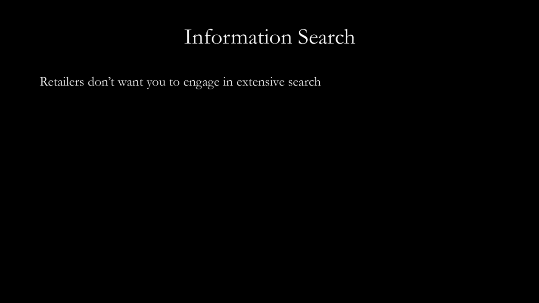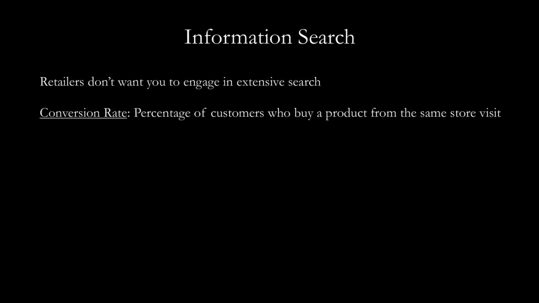One measure of retailer performance is the conversion rate. This is the percentage of customers who enter a store or access a website and then buy the product from that same store visit or site visit. Retailers want to make the search process smaller, shorter, and get you to make the purchase decision quickly.